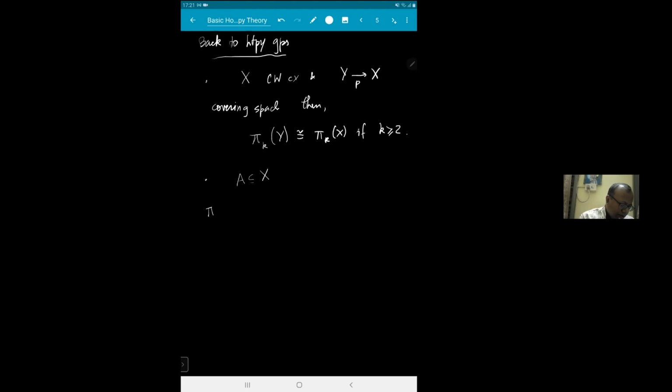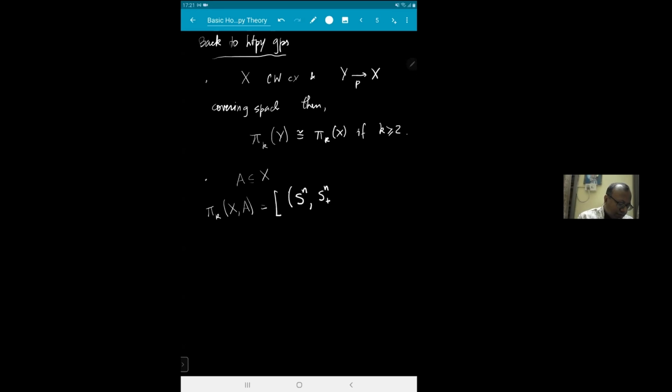Pi k of X comma A is defined to be the homotopy classes of triples. You take S^n mapping to X. So this is a homotopy class of maps of triples. Basically, if you take homotopy groups, it's like homotopy classes of maps of pairs if you consider the base point. Here you really have to use the triple, and you take the upper hemisphere.